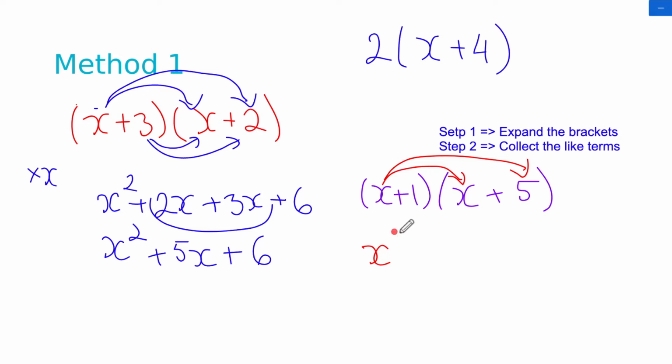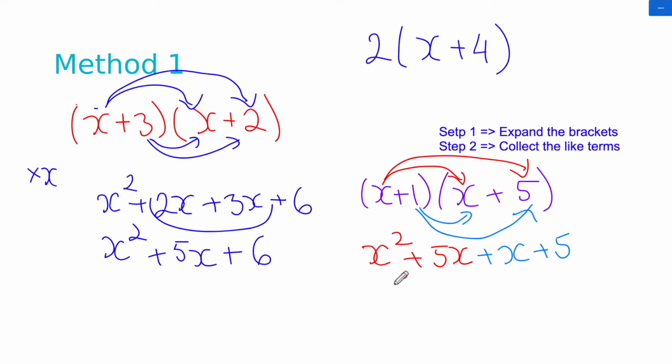It's x squared plus x times 5 is 5x. I'm done with this number. Then I'm going to look at this one. 1 times x is x. 1 times 5 is 5.